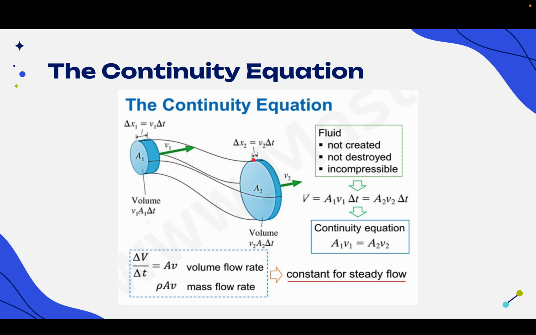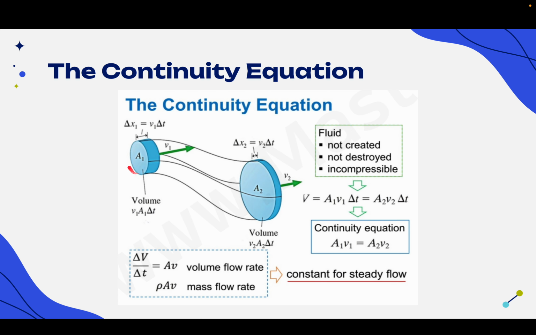And you can see that we have A1 and A2 here. This is essentially the cross section for the fluid. If you recall the volume formula for cylinders, we can do the cross-sectional area times this little gap to get the volume of this section of the fluid.